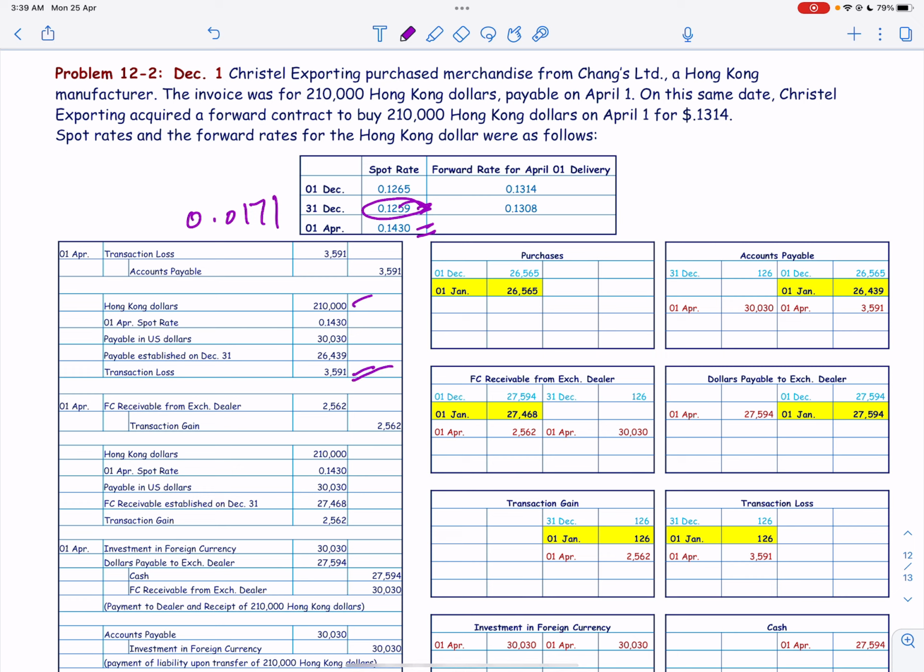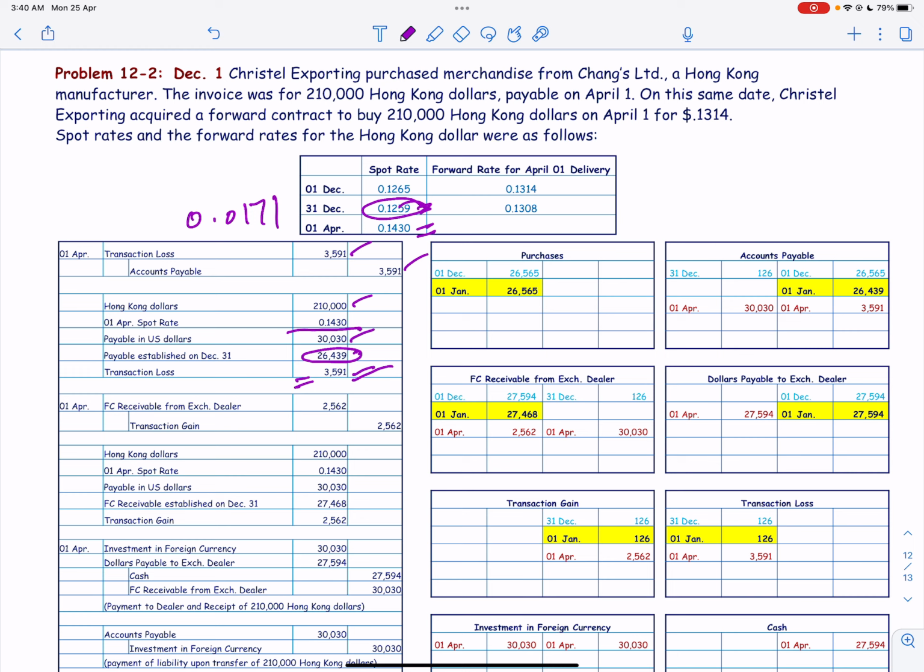So we have Hong Kong dollars and this is the rate on 1st of April. So payable is 30,030 and the payable established on 31st December was 26,439. So there is a transaction loss of 3,591 and this will increase our liability. So transaction loss is debit and accounts payable is credit.